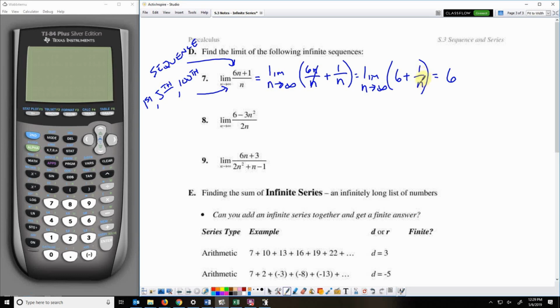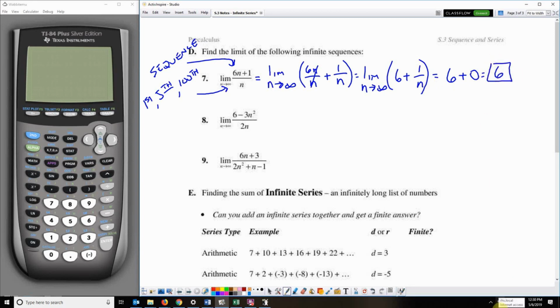You've got 1 over 1, 1 over 2, 1 over 3, 1 over 4, 1 over 5. And it goes on. 1 over a million, 1 over a billion, 1 over a trillion. This is getting smaller and smaller, getting closer and closer to a value of 0. So if I add these two parts together, I find that the limit that it's approaching is 6.